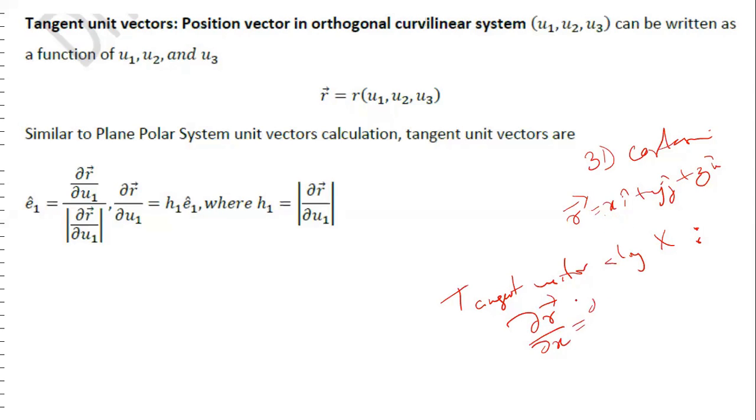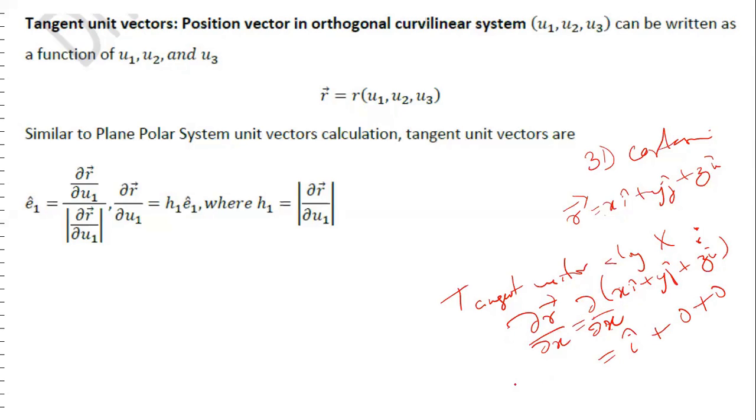Then if you differentiate xi plus yj plus zk with respect to x, differentiation of x with respect to x is 1, so this is i. Differentiation of y with respect to x is 0, and likewise for z. So this is the tangent vector.